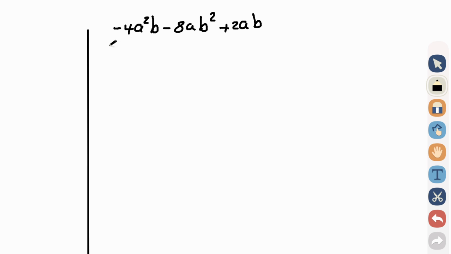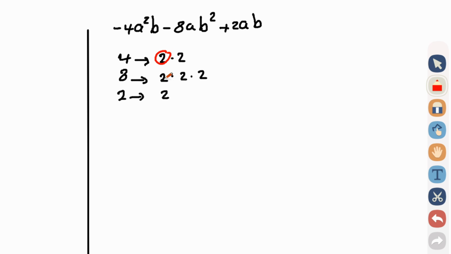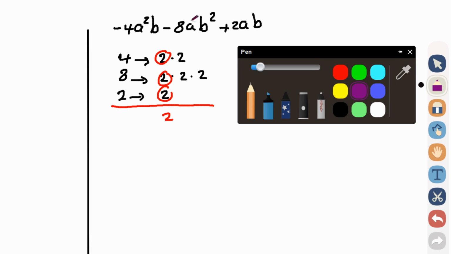Let's deal only with the numbers 4, 8, and 2. 4 can be written as the product of 2 multiplied by 2. 8 can be written as the product of 2 multiplied by 2 multiplied by 2. 2 is 2. So the common factor between these three numbers is 2.